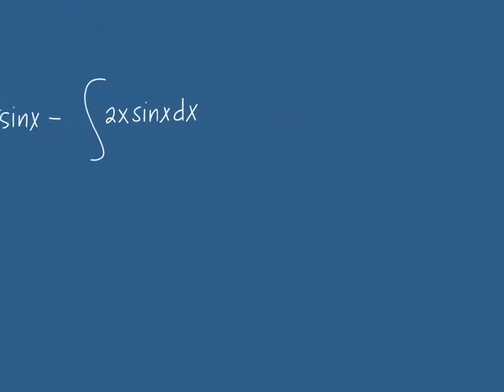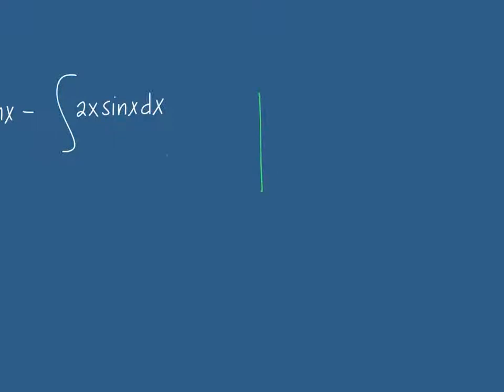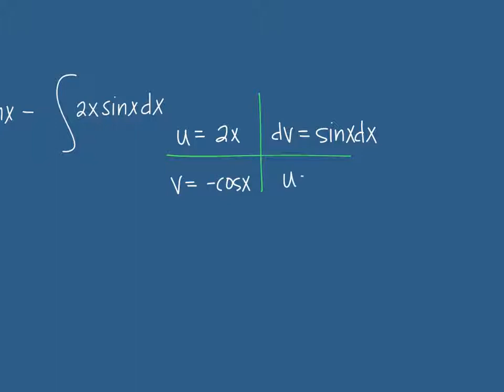Okay, so I'm just going to slide all my notes over, and I'm going to do it again. So my u still has to be the polynomial, so 2x is the polynomial, which means dv is sine x dx, which means v is negative cosine, and du is 2 dx.